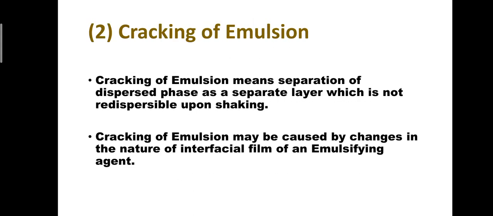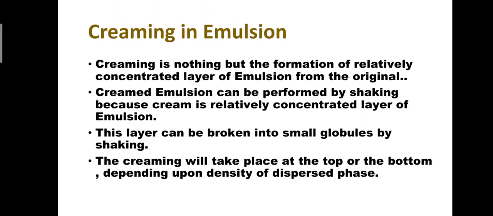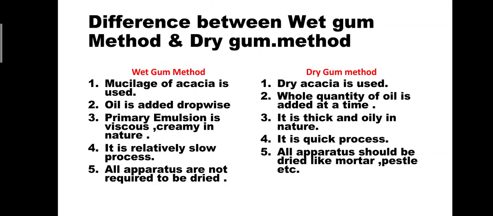Second, cracking is also separation, but it's a hard type that does not redisperse upon shaking. And phase inversion means O/W type is converted into W/O, that means continuous phase is converted into dispersed phase, and dispersed phase is converted to a continuous phase. These are the three instabilities.